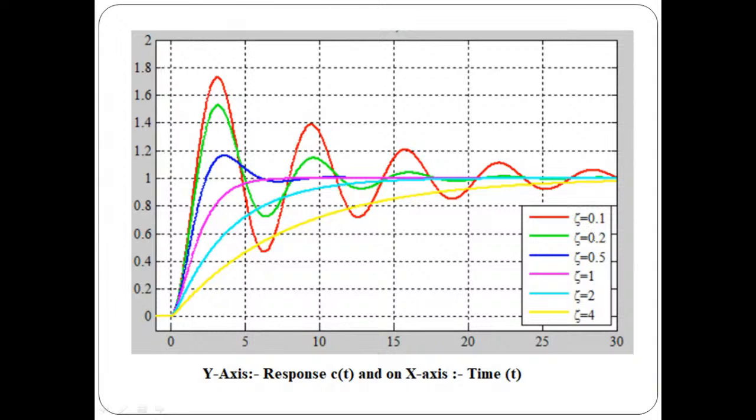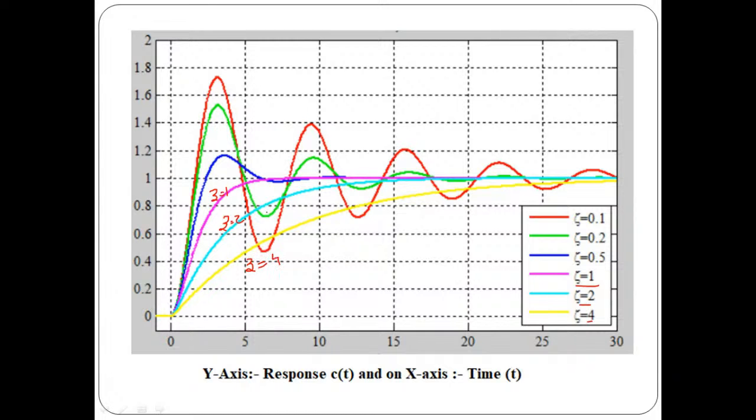And this figure indicates all those responses in a single figure. So if you put zeta equals to 1, it is critical. This is zeta equals to 1. The moment you increase the value of zeta, the response goes on delaying, or it goes on getting sluggish. See, this is zeta 2, and this is zeta equals to 4.